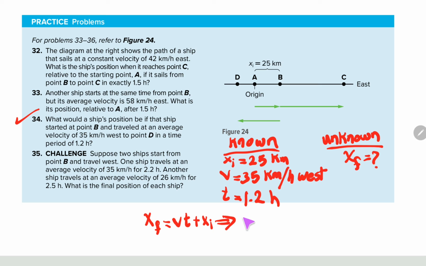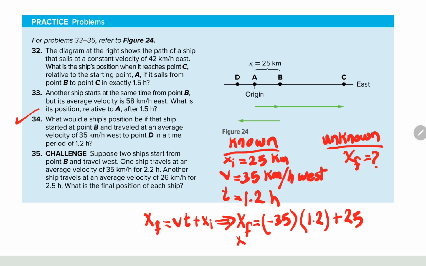Now we will write the numbers. X final equal to the velocity, here we have 35 kilometers per hour to the west. Because of the direction to the west, we should write it as minus 35 kilometers per hour multiplied by the time, which is 1.2, and plus x initial, which is 25.